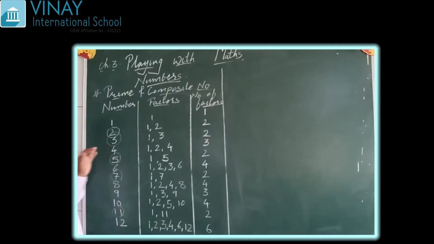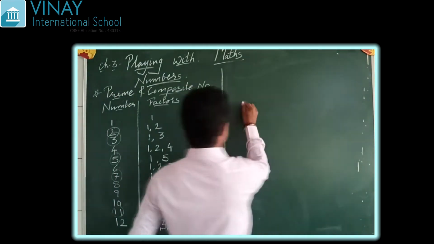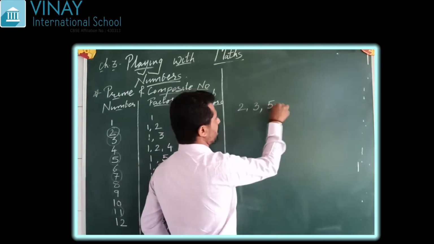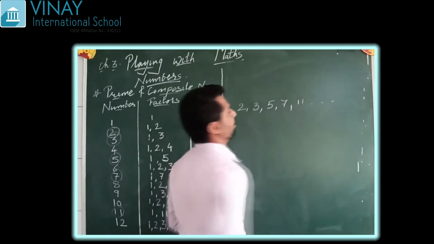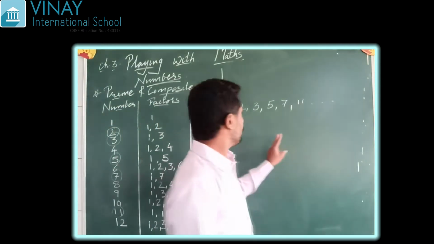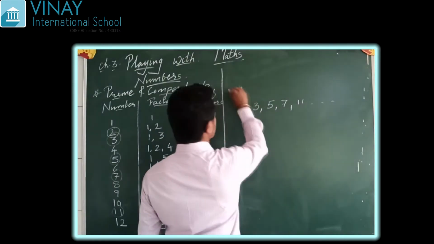These are the numbers which have only 2 factors, and it will go on. This type of number which has only 2 factors is known as a prime number.